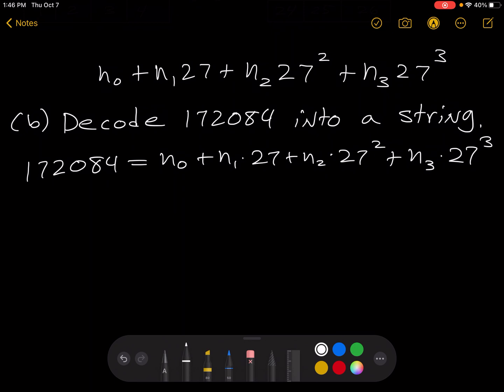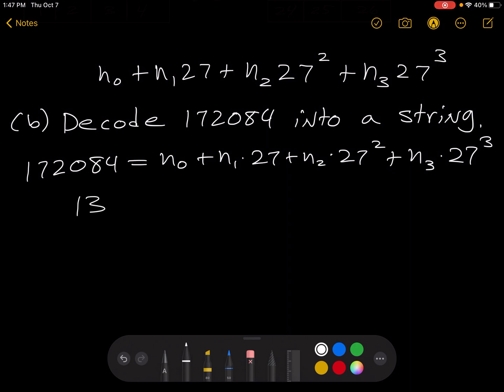All right, so now looking at 172,084 mod 27, we get the number 13. Now this is because when you divide 172,084 by 27, the remainder is 13.